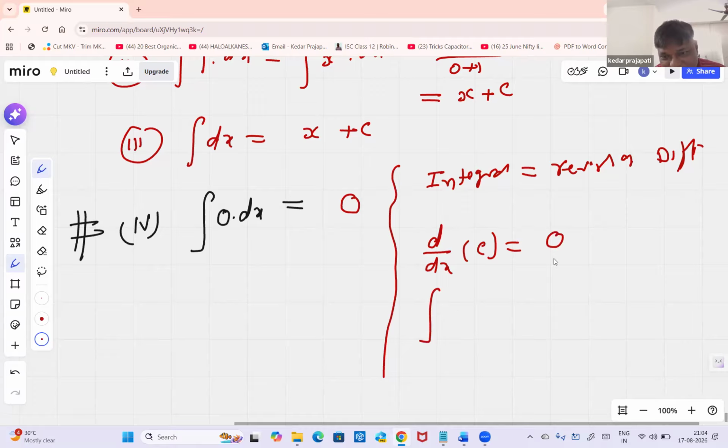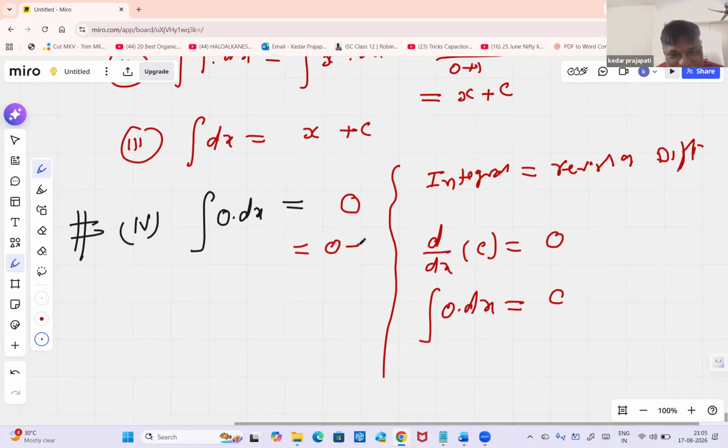So, the integral of 0 will be, now tell me, will it be 0 or C? C, right? You can't write 0, right?